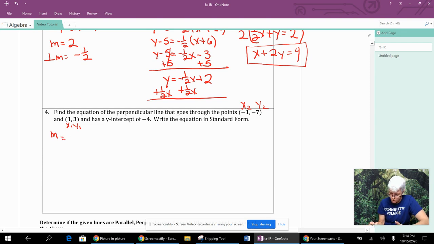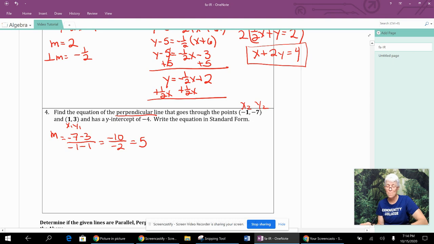And by the way, it's going to be perpendicular to whatever we figure out. So let's see. We want -7 minus 3, and then we have a -1 minus 1. -10 over a -2 is a +5.